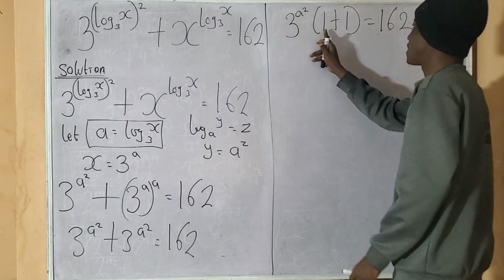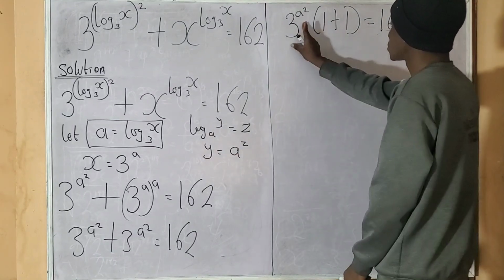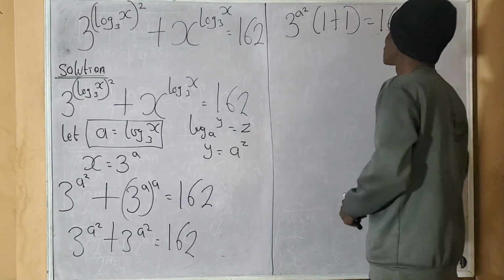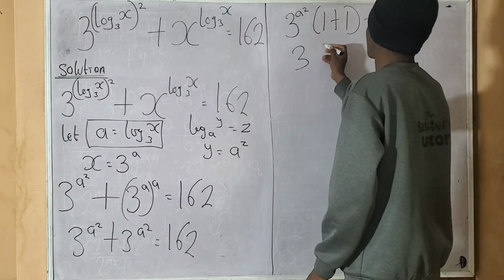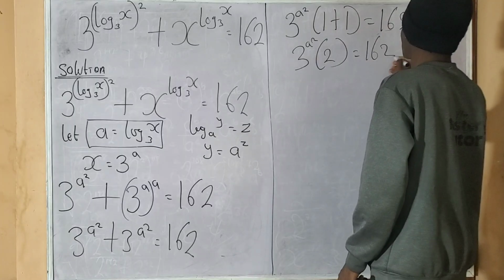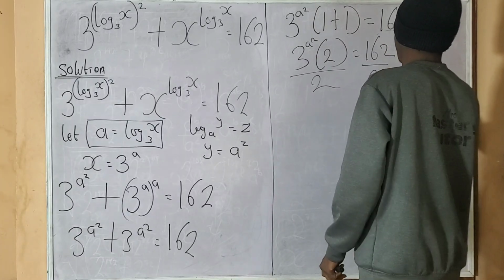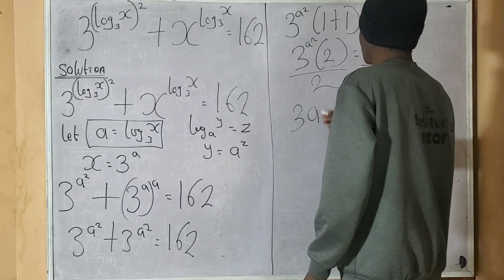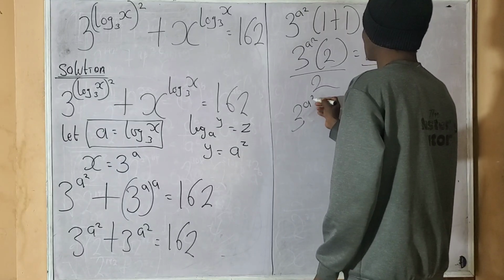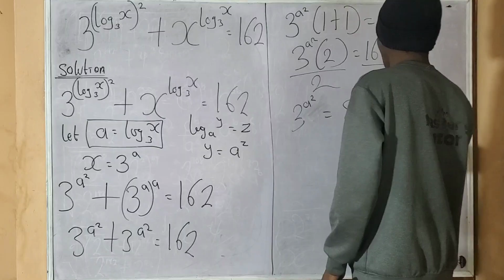If you multiply this by 1, you're going to have 3 to the a squared. Also, if you multiply this by 1, you're going to have what? Positive 3 to the a squared. So here I'm going to have 2 times 3 to the a squared equals 162. Divide by 2. Oh, sorry. 3 to the a squared equals 81, right?